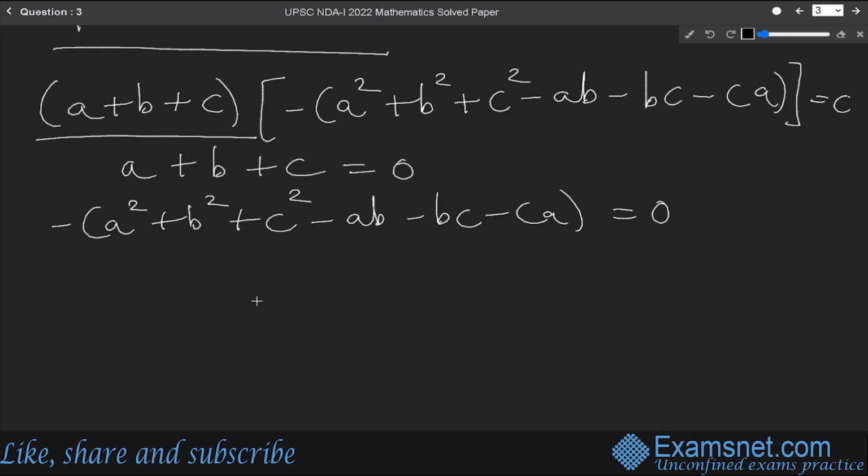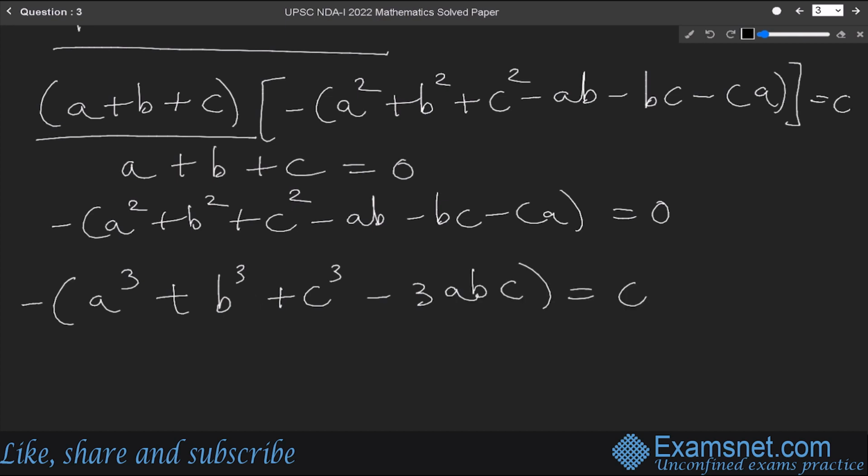So when we multiply this, we get A cube plus B cube plus C cube minus 3ABC is equal to 0. So therefore, the statement A plus B plus C is equal to 0, and these two statements are correct for this question.